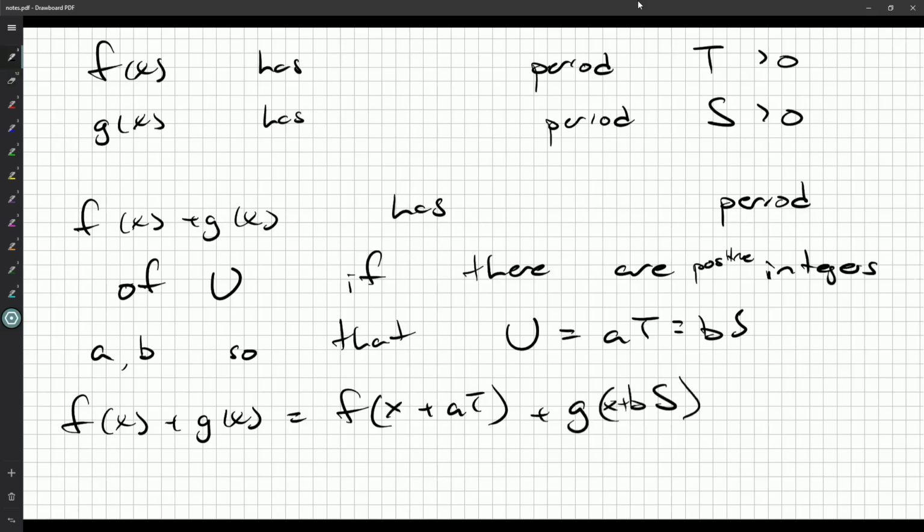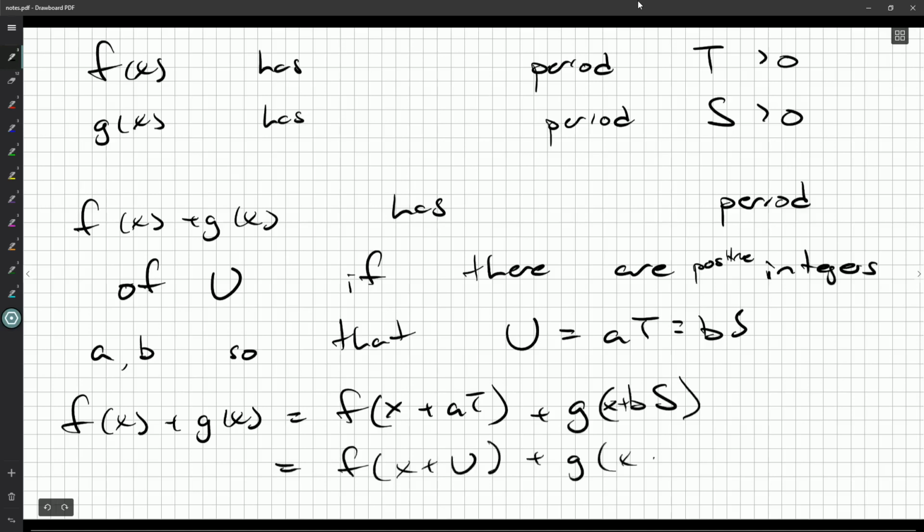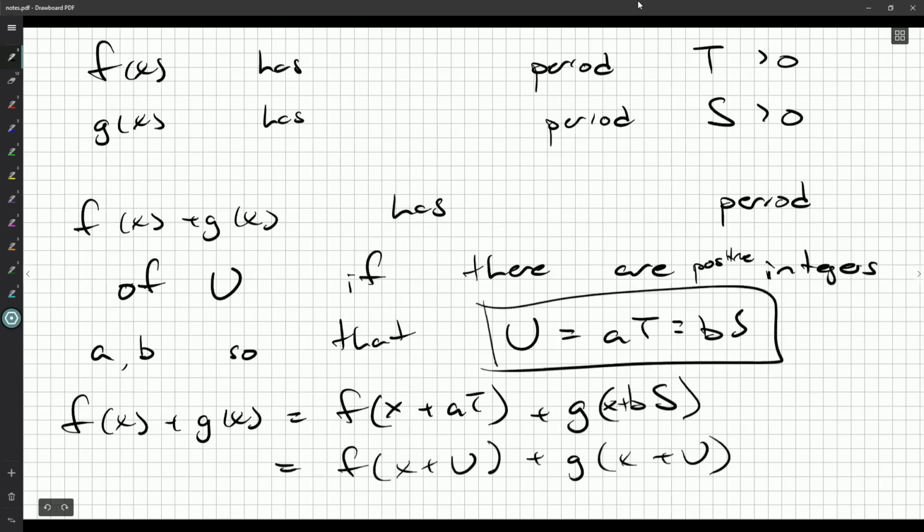It's like shifting the function along the x-axis, and it just syncs up with itself. But this is f of x plus u, and this is g of x plus u, based on our conditions on u. And you can show this is the only way this is going to happen.